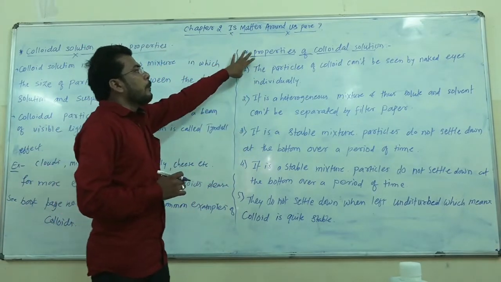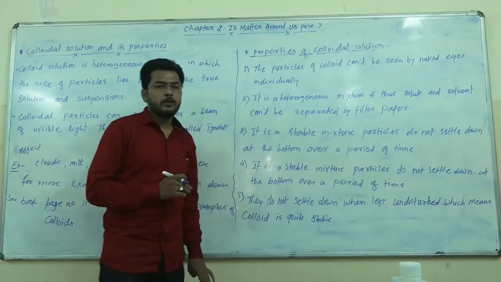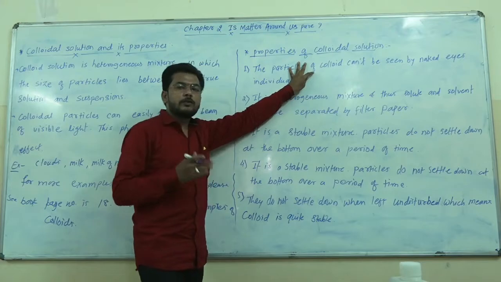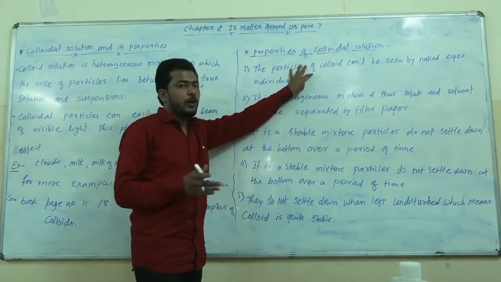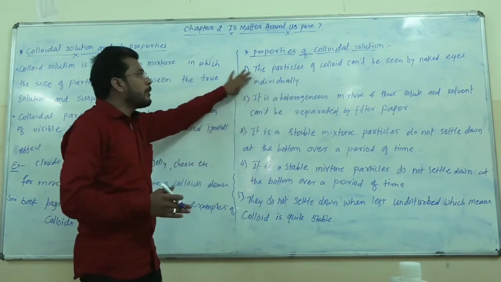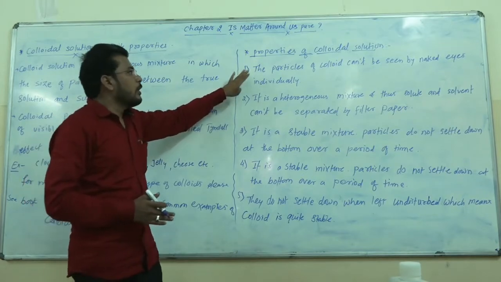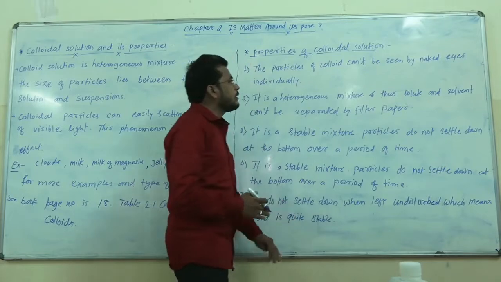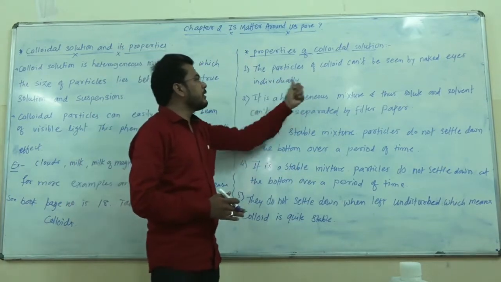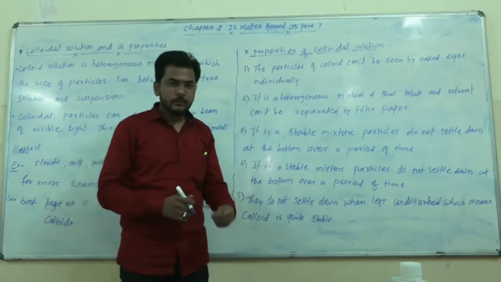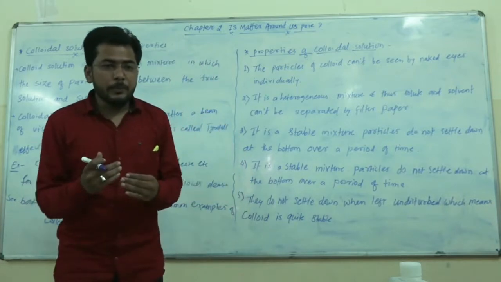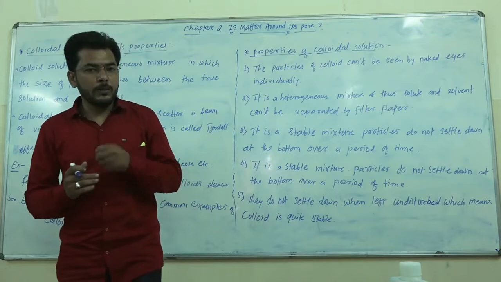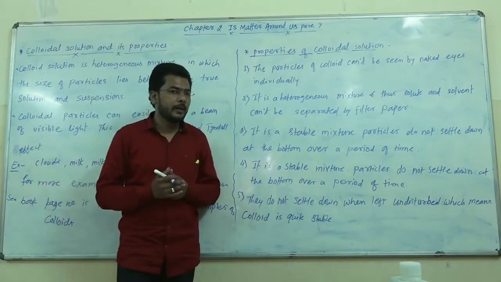Now, the properties of colloidal solution. We know the properties of solution and suspension. Now we will try to understand the properties of colloidal solution. The particles of a colloid cannot be seen individually by naked eyes. In the true solution we cannot see the particles with the naked eye.